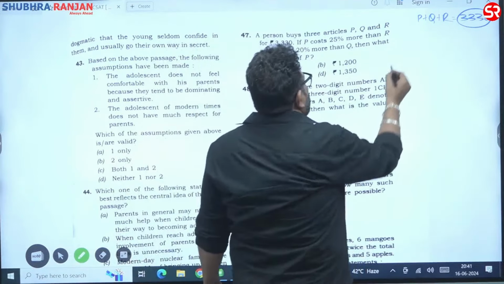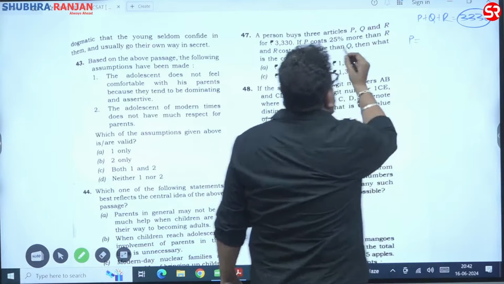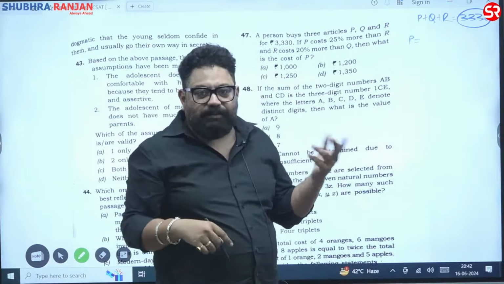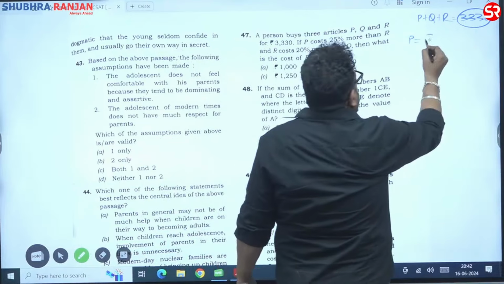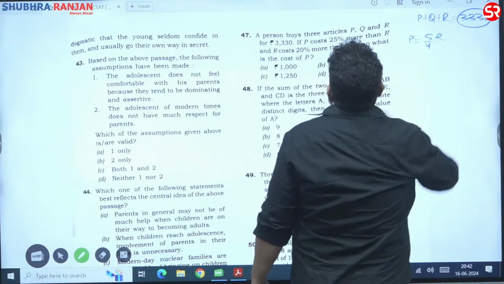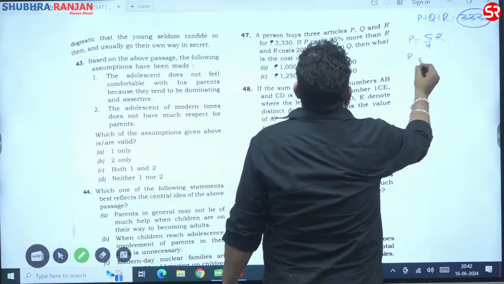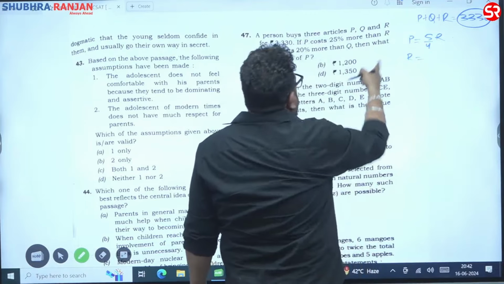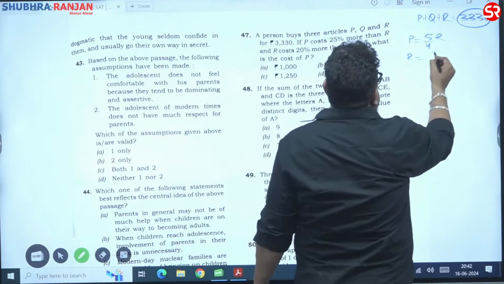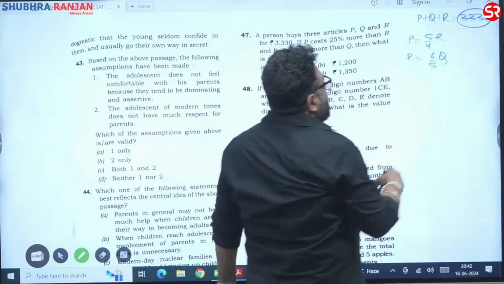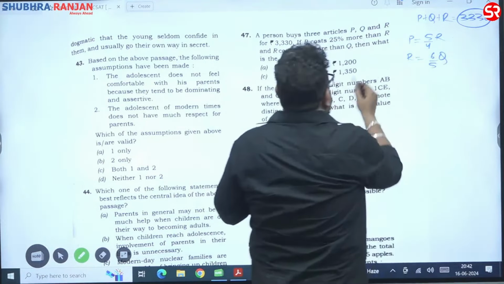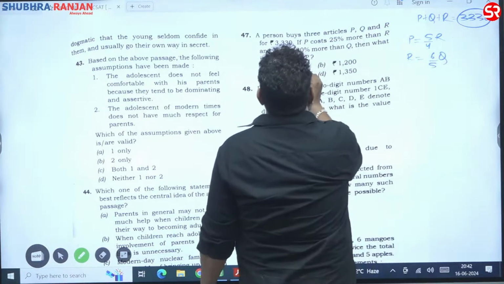P costs, so P is 25% more than R. 1.25, which is 5/4 of R, and then R costs 20% of Q. So R is 20% of Q. 20% is 1 by 5 of Q. So all you needed to do was change, because he is asking, what is the cost of P?